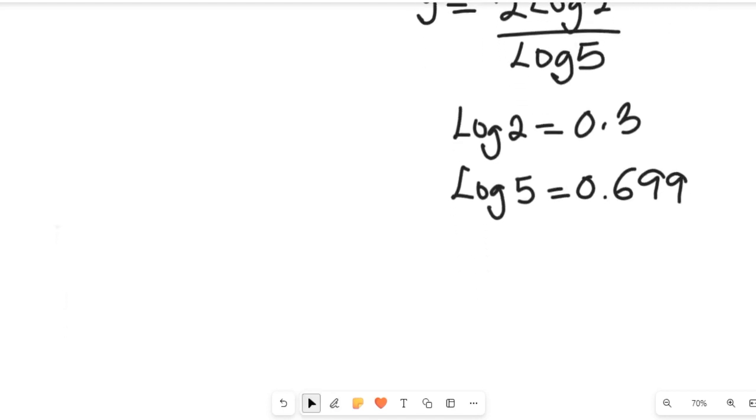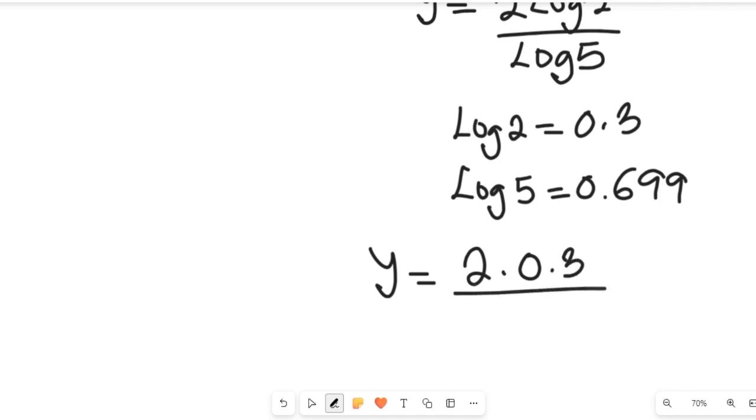So if we simplify that, y will be equal to 2 multiplied by 0.3, divided by 0.699.